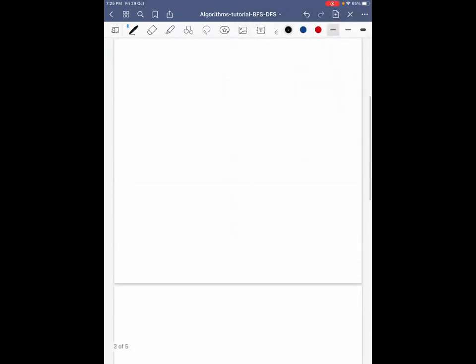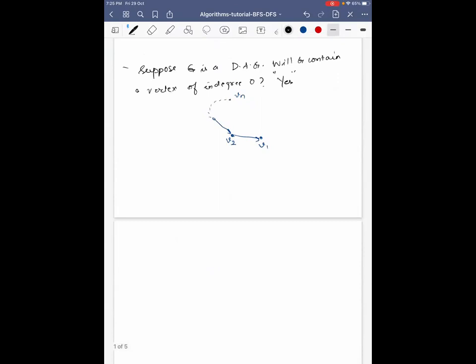Now, with this in hand, let V be a vertex of in degree 0 in G. Now, is G minus V still a DAG? No, sir. Why not?